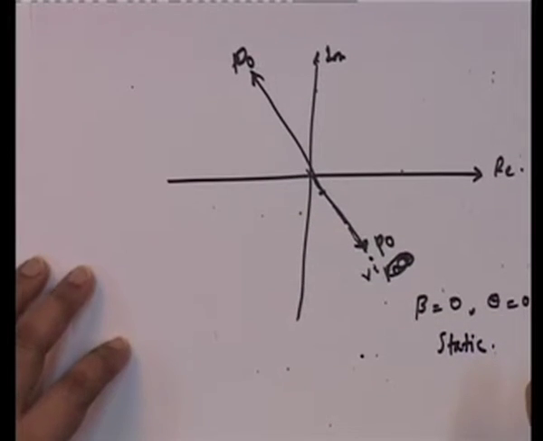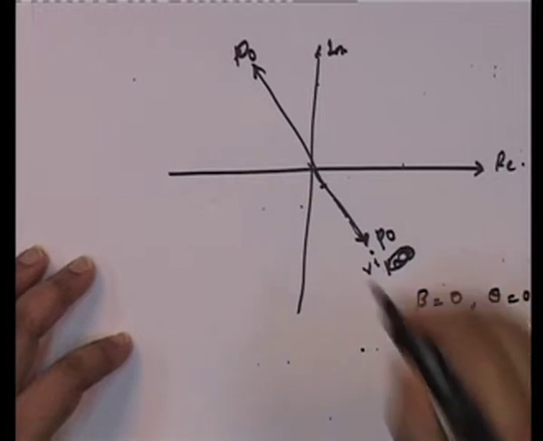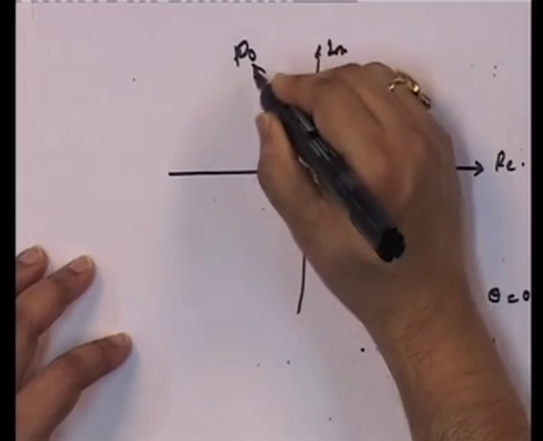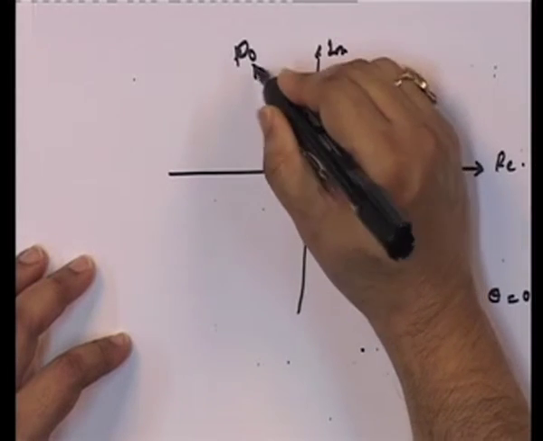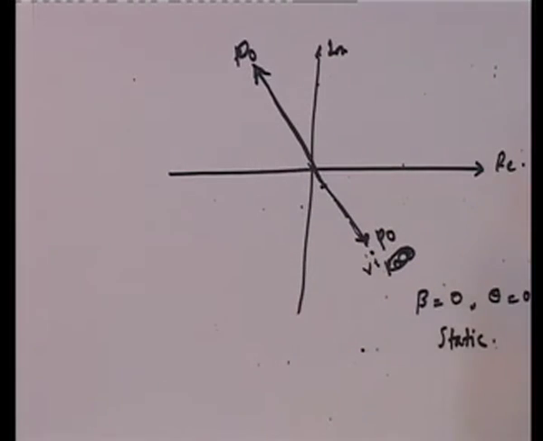In static condition, what do we have? The applied force is resisted completely by the elastic force. That is static. In static, the entire load is resisted by the elastic force.